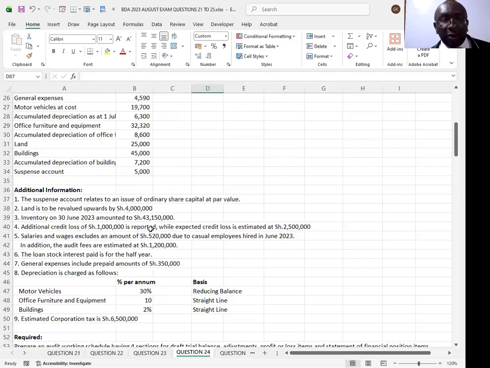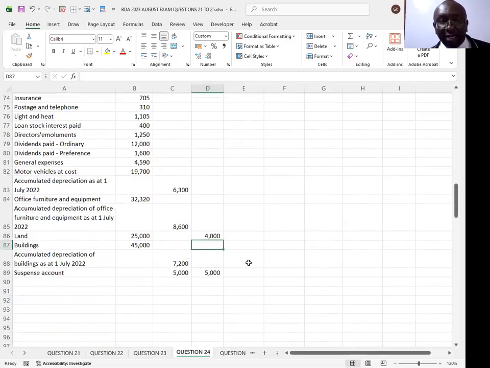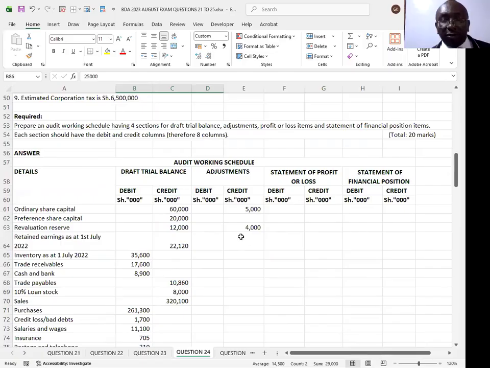Tumesema when you revalue assets upwards, the value of that asset increases. So an increase in an asset, we debit. So that's why we are coming here to land, we debit. And then the corresponding credit goes to the revaluation reserve, this one.